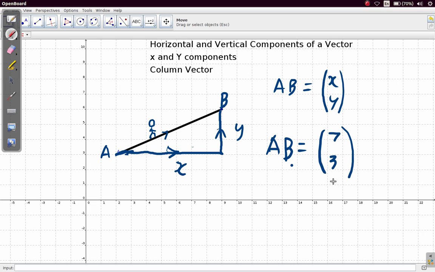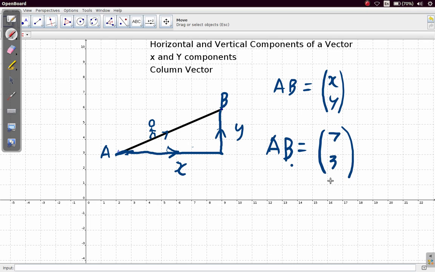So vector AB is really 7, 3, where the number at the top in the first row is always the horizontal or the X component of the vector. And the number in the second row, below that, represents the Y component of the vector. All right?